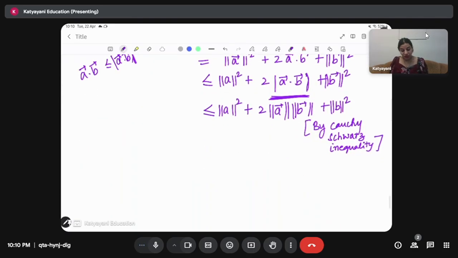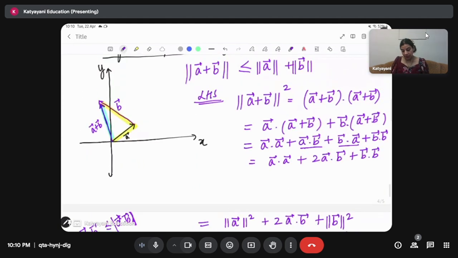Yes. So now do you see a pattern here: a norm square, then a norm and b norm, then b norm square. So is it the formula for the square of a norm plus b norm, right? So this is nothing but equal to a norm plus b norm whole square, right?